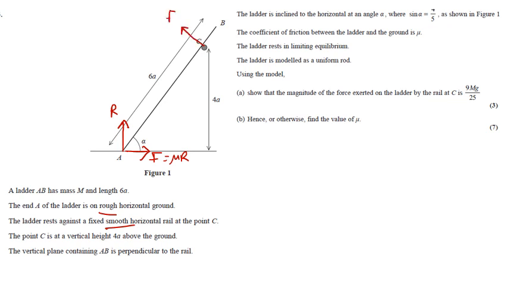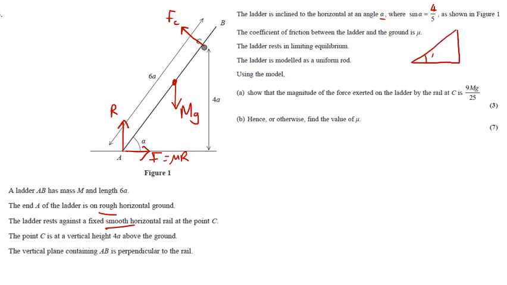So we'll just call that Fc that we're trying to find. And the other force is the weight of the ladder itself. We're told that the ladder has a mass m, so that's m times g. What else are we told? We're told that the angle is alpha, and we know that sine alpha is 4/5.